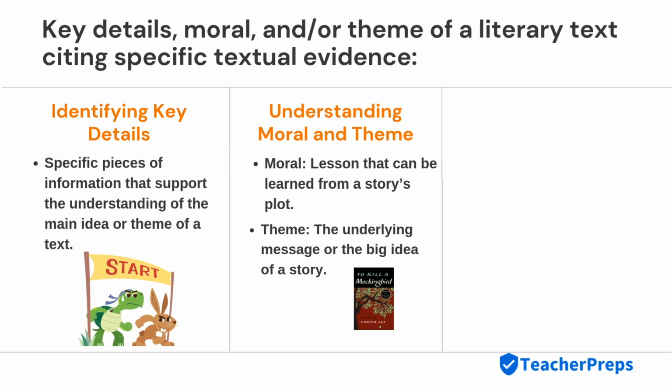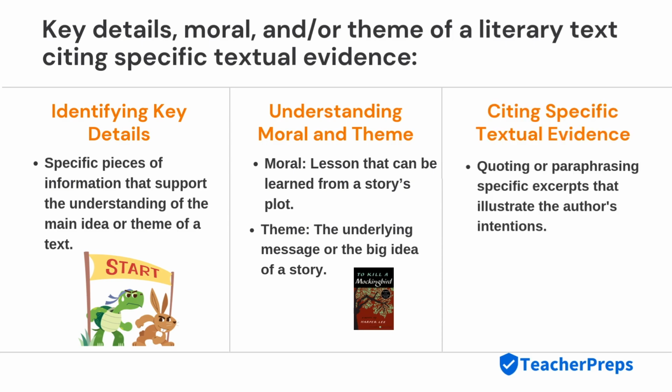One of the themes is the destructiveness of racial prejudice, demonstrated through, if you recall reading, the trial of Tom Robinson and the impact on its characters. To support the interpretations of the moral and the theme, it's important to cite specific evidence from the text.